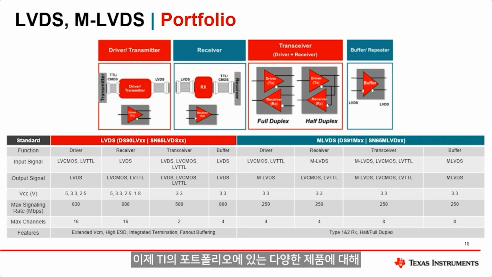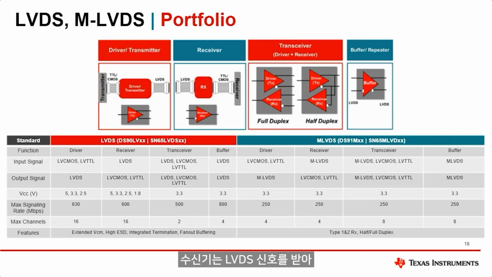Now I'll share a little bit more on the different products TI has in our portfolio. There are four main types of devices that we talked about a little. The first is driver. A reminder: a driver is used to take a single-ended signal such as CMOS or TTL, and translate that to LVDS.